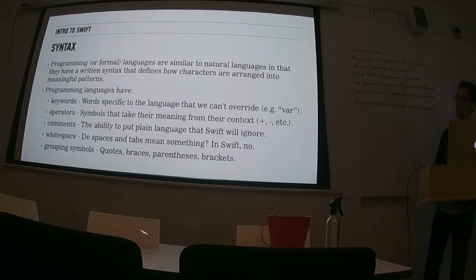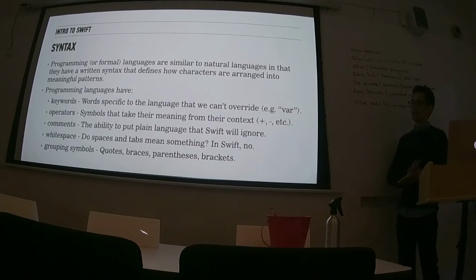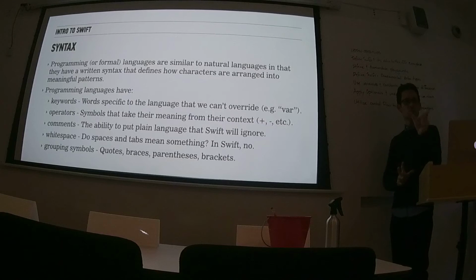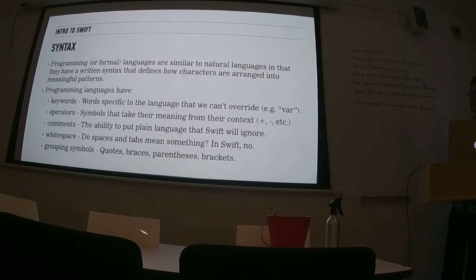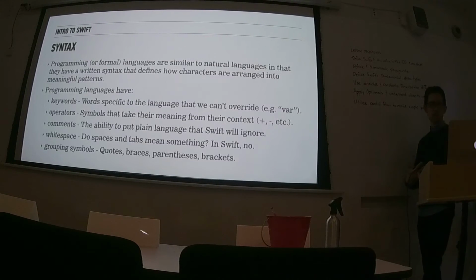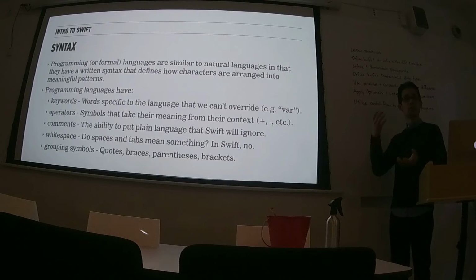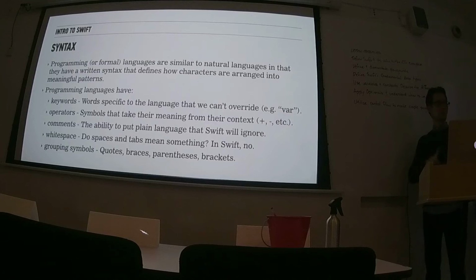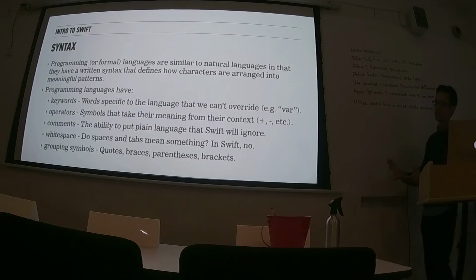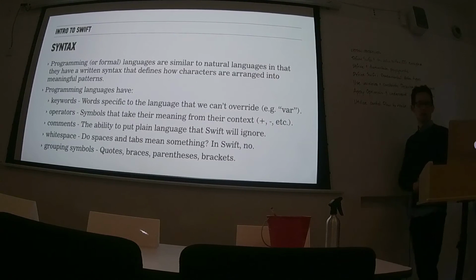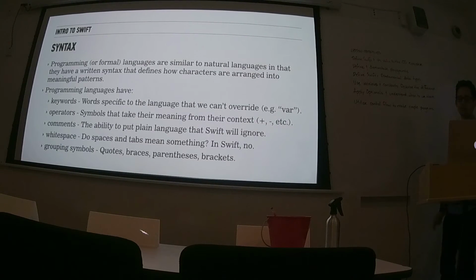So in programming languages we're talking about things like keywords, which are specific human-readable words that are meaningful to the language, operators like plus and minus, comments, which are the ability to take any piece of English or any set of characters and drop it into the code and Swift will completely ignore it, that sort of thing. So just like with spoken languages or written languages, we talk about punctuation and words. These are the kinds of things that fit into what a programming language is.